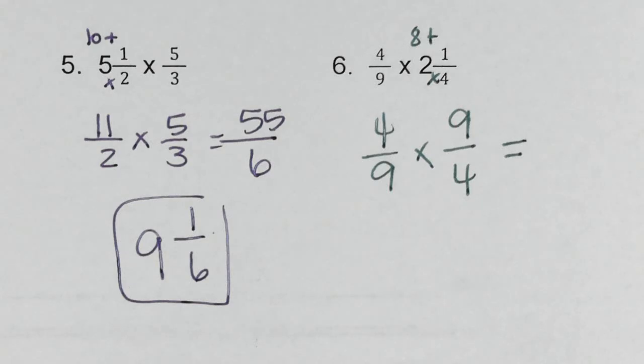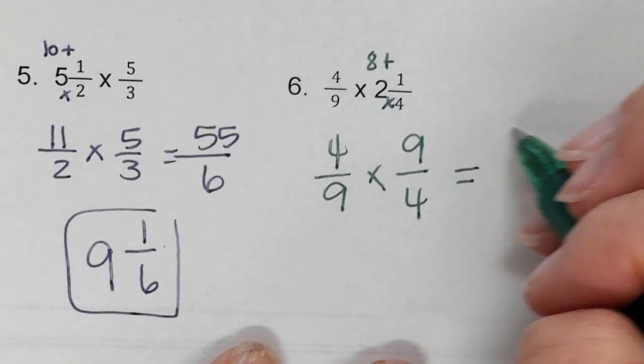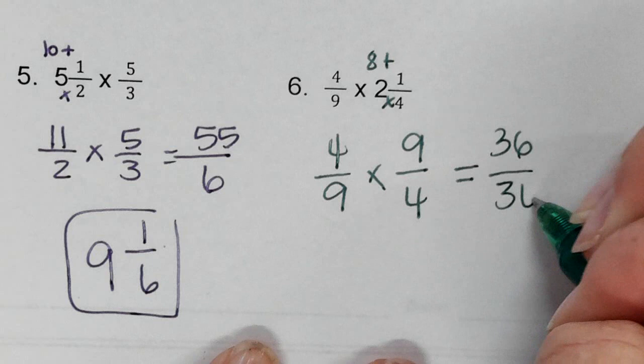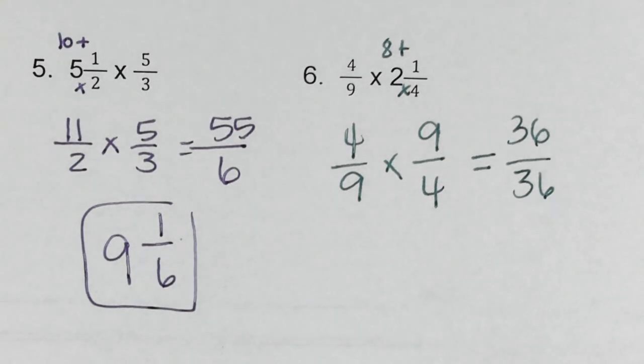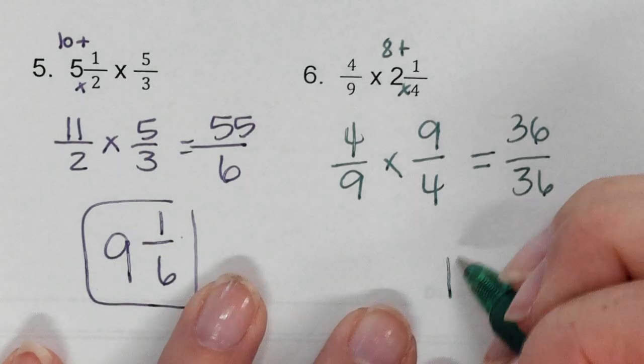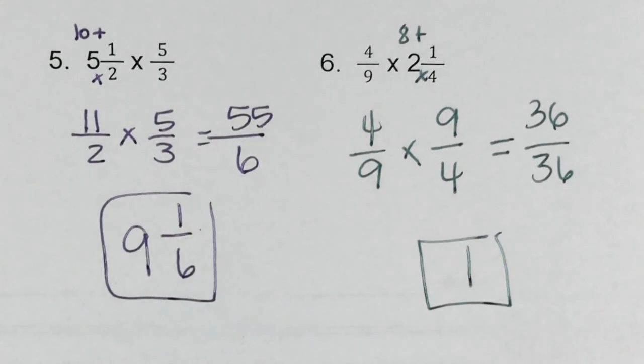No. Okay. Because the rule says it doesn't matter what order you multiply in, right? Is my answer good? No. What is 36 divided by 36? 1. So my answer is 1.